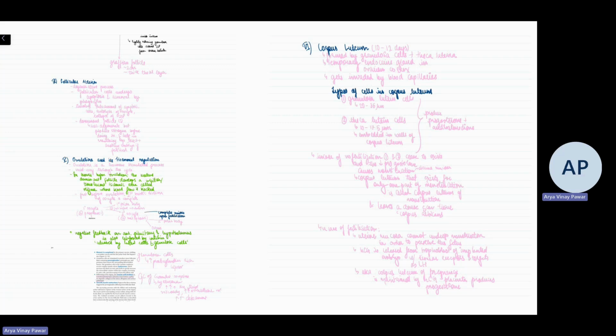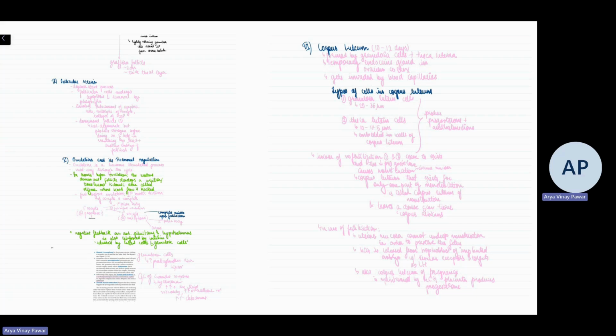So if there is no fertilization, the granulosa lutein cells and the theca lutein cells do not persist, because of which the progesterone level drops, which causes the blood vessels to spasm, and it causes menstruation, right?